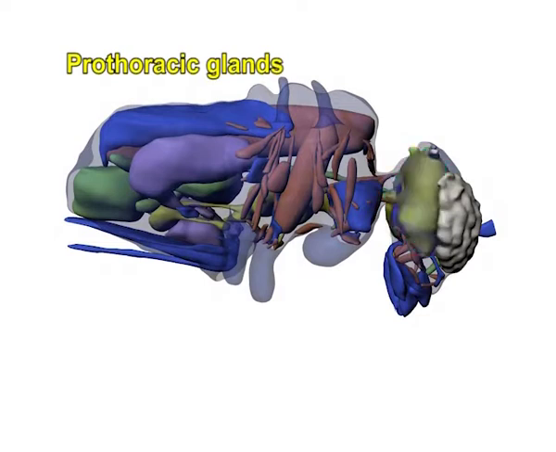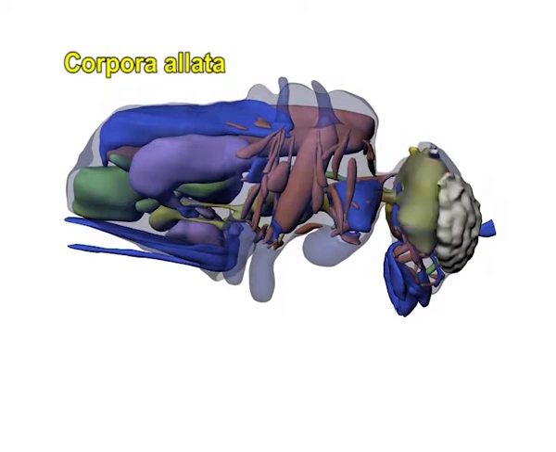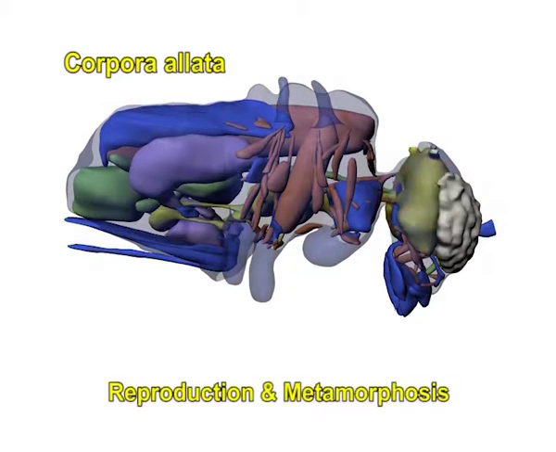Additionally, it plays a role in accessory reproductive glands in the female, differentiation of ovarioles, and in the process of egg production. Corpora allata are small, paired glandular bodies originating from the epithelium located on either side of the foregut. They secrete the juvenile hormone which regulates reproduction and metamorphosis.